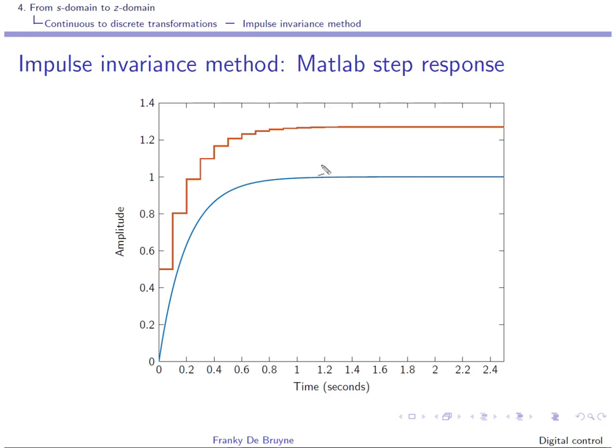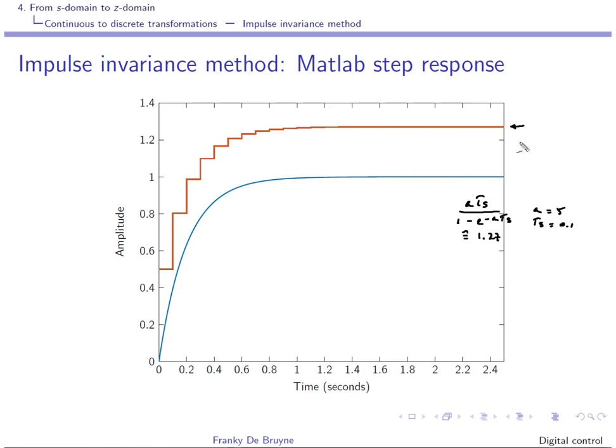And you can see here that they do not match. Of course we know that they do not match because we have seen that the static gain of the system was aTs over 1 minus exponential of minus aTs. If you plug in a equal to 5 and Ts equal to 0.1 and you do the calculations, you will see that this is approximately 1.27, and indeed this is what you can see over here.